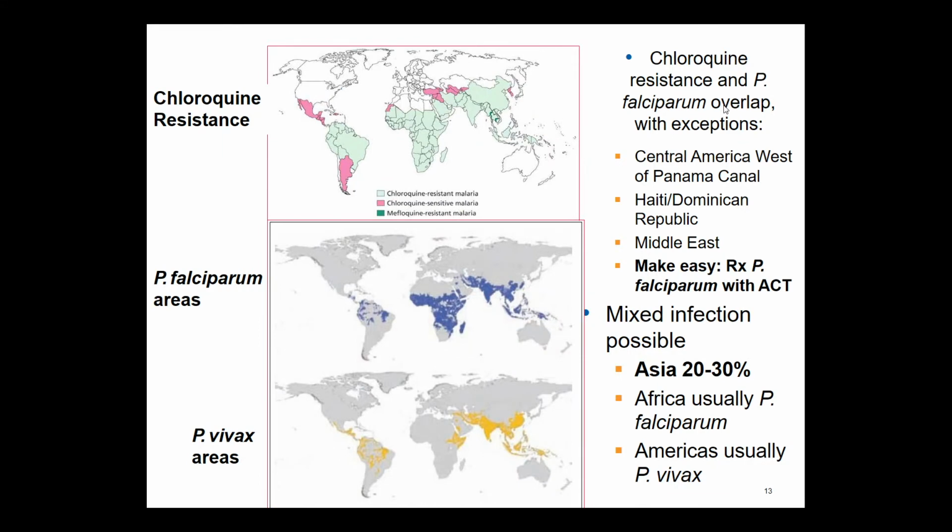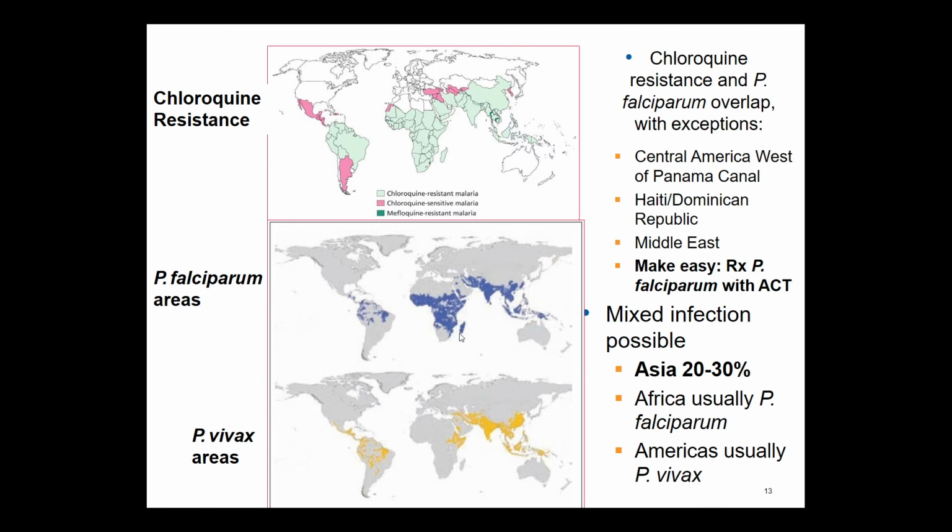Chloroquine-resistant Plasmodium falciparum overlaps, with exceptions: Central America west of the Panama Canal, Haiti, the Dominican Republic, and the Middle East. A mixed infection is possible in Asia.